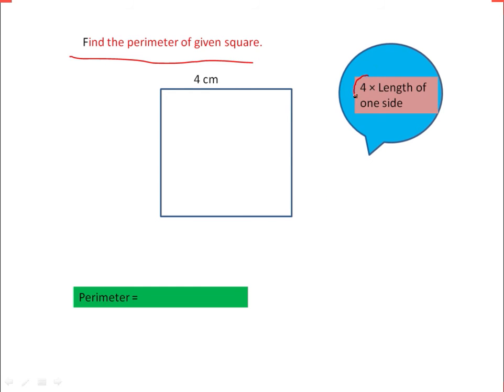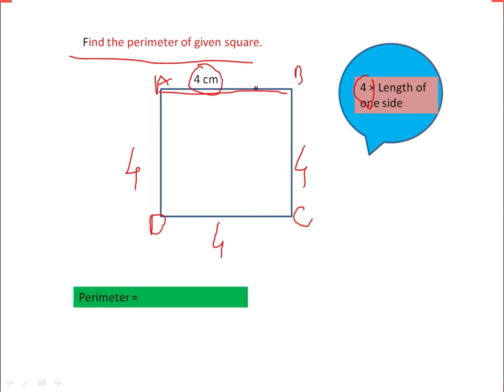Now here you can see this is the square, which we will name A, B, C, and this is D. Now if the measurement or the distance of AB is 4 centimeter, then automatically BC will be 4 centimeter. This side again will be 4 centimeter and this side again will be 4 centimeter.